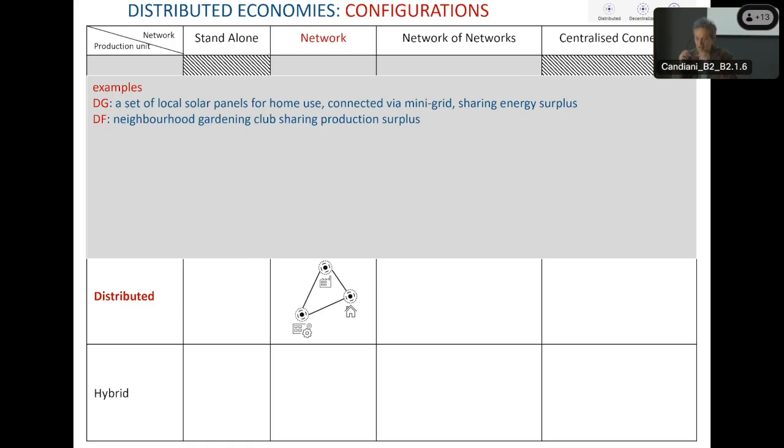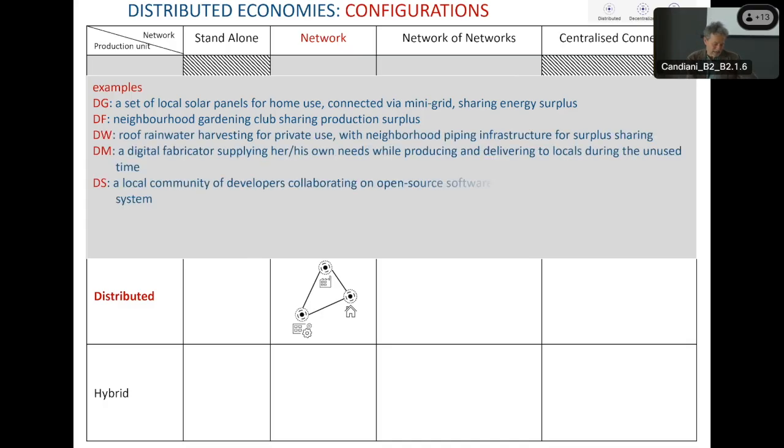For example, I'm producing tomatoes, I have a surplus, and with an app I'm communicating to the other people living nearby me, being part of this club, if there is anyone that wants some tomatoes because I have too much, and so on, and vice versa. So there could be a network even in relation to food as well as for energy.